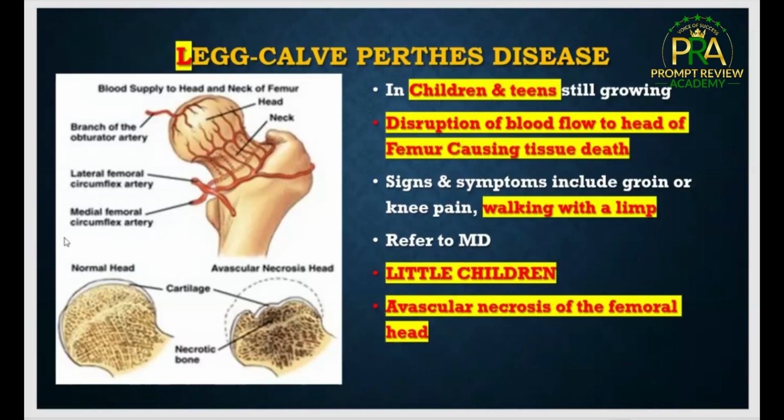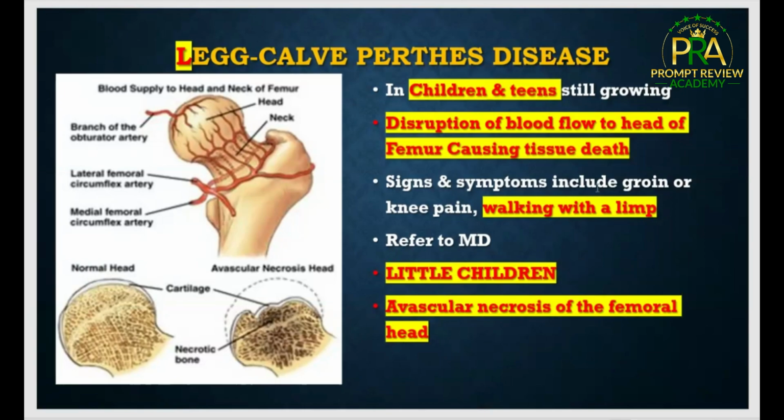There is always a disruption of blood flow. Some of the symptoms you can see is the patient may have limping. They will be limping. So always remember, limping child with a painful hip. Limping child with a painful hip.